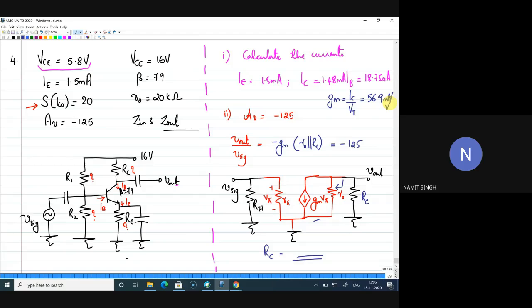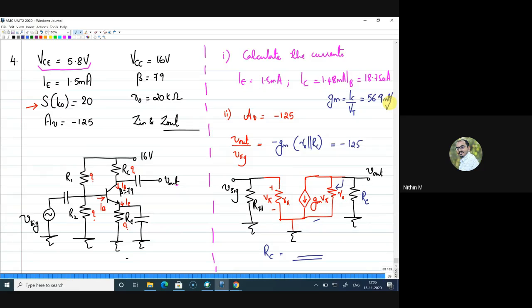So it's 0.056 milliamps per volt, sir. No, your IC is 1.48 milli, right? Yes, sir. What is your VT? 26 millivolts. So what is 1.48 by 26? So that's 0.056 milliamps per volt.